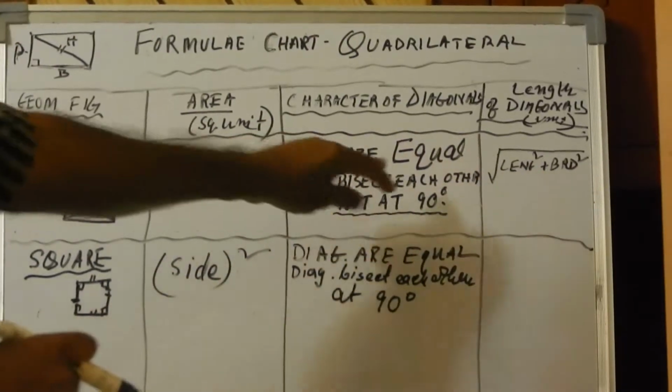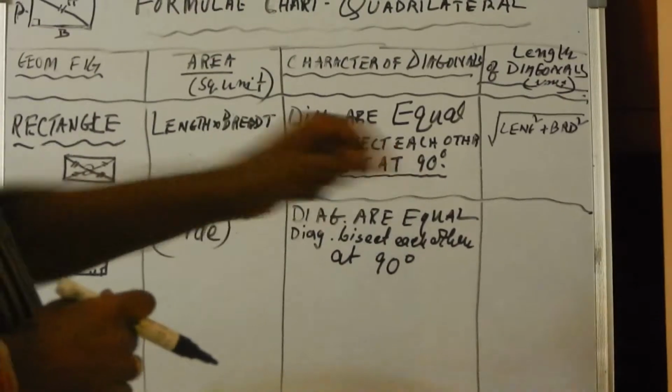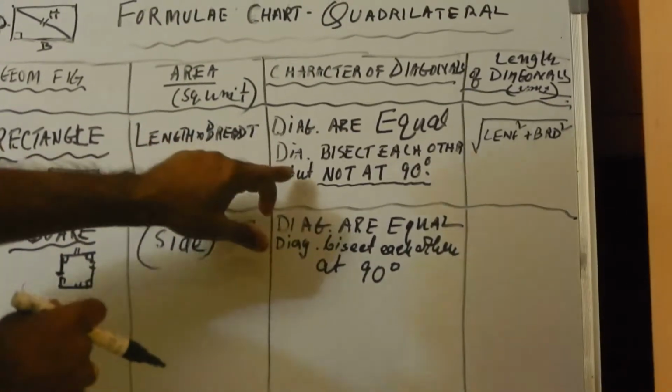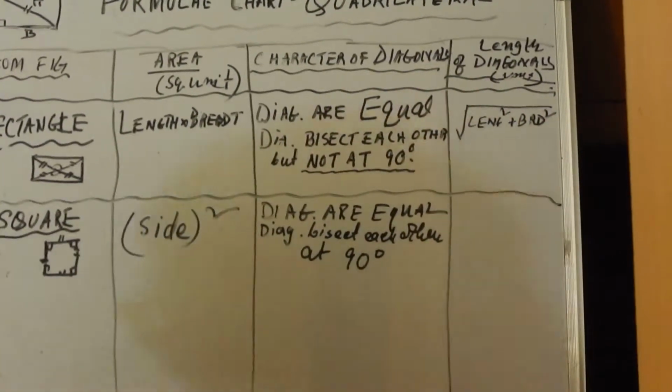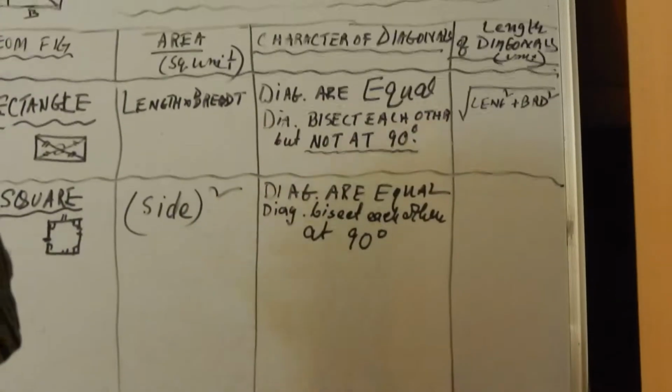In case of rectangle, diagonals are equal. In case of square, diagonals are also equal. In case of rectangle, diagonals bisect each other, and in case of square, diagonals also bisect each other.